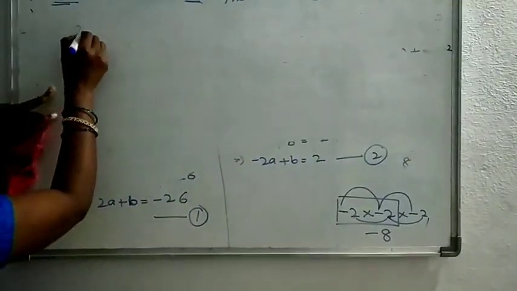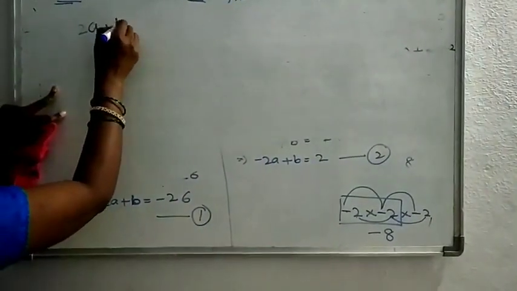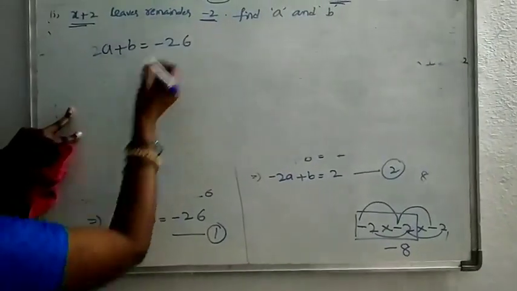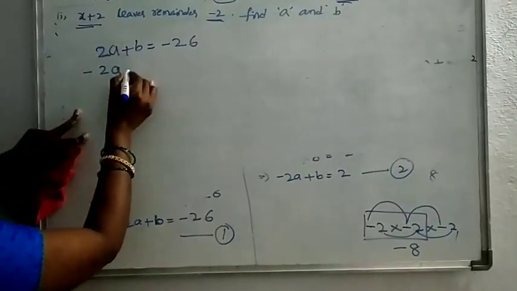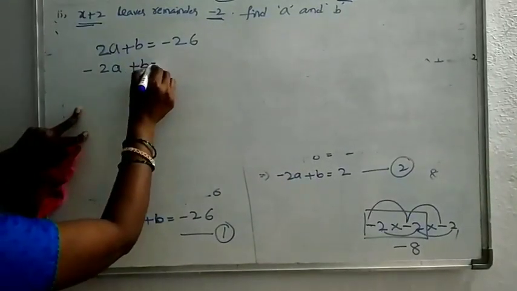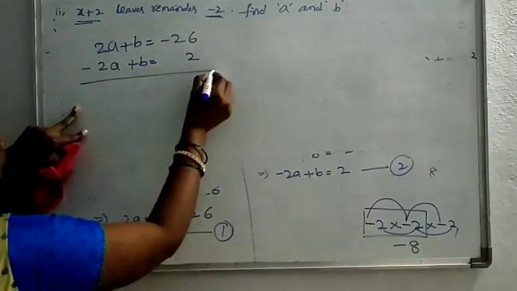What is the first equation? 2a plus b is equal to minus 26 and the second equation is minus 2a plus b is equal to 2.